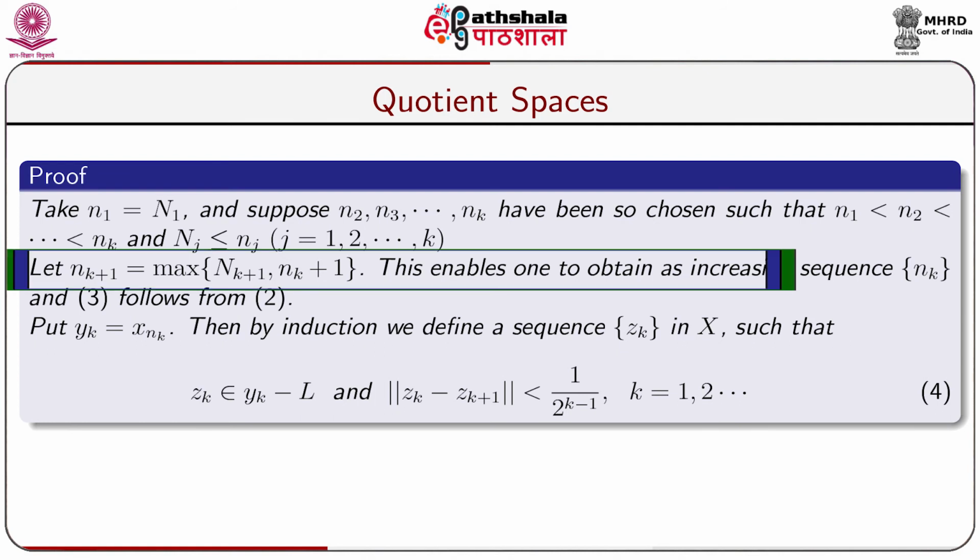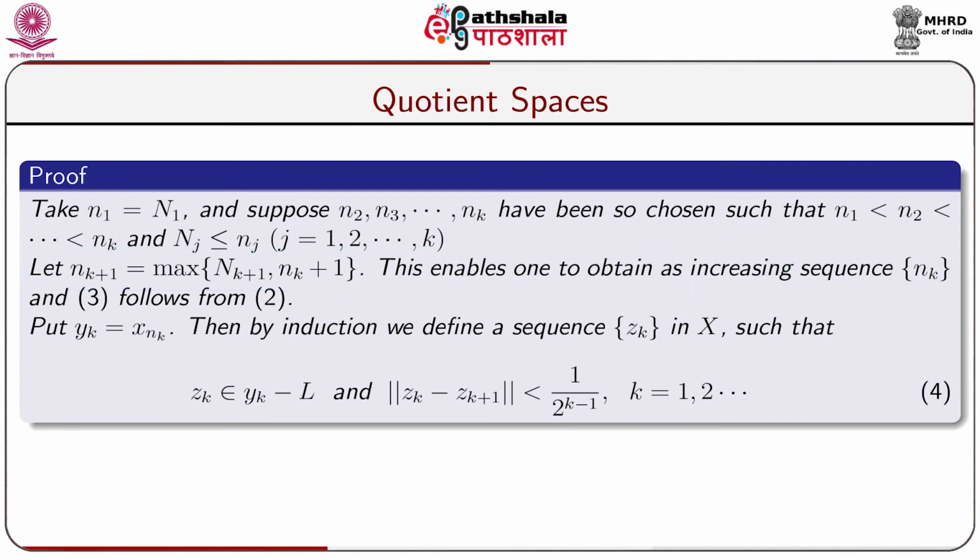Let nk+1 equal the maximum of capital Nk+1 and nk + 1. This enables one to obtain an increasing sequence nk, which follows from the earlier equation.